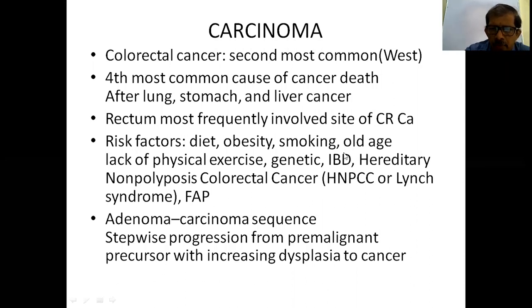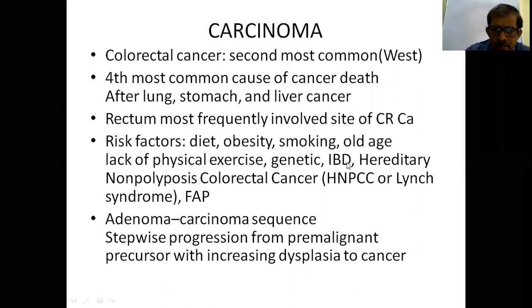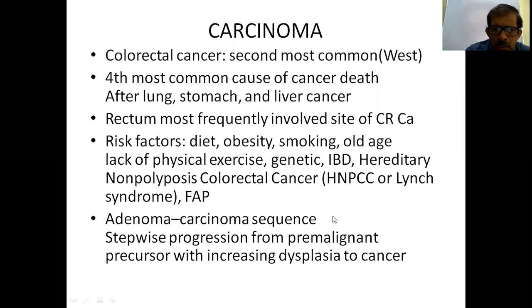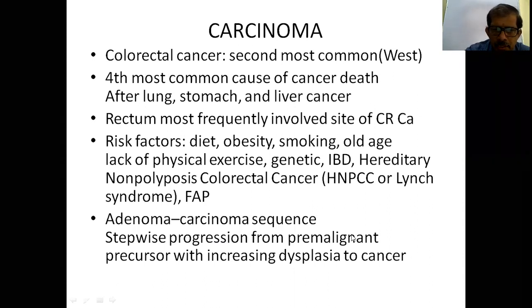Then inflammatory bowel disease, particularly ulcerative colitis. Apart from this, there is what is called the adenoma carcinoma sequence. It is a natural course for an adenoma, though benign to start with, to progress from pre-malignant to malignancy.